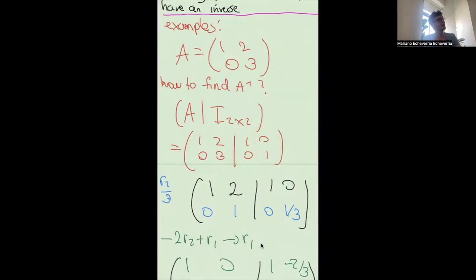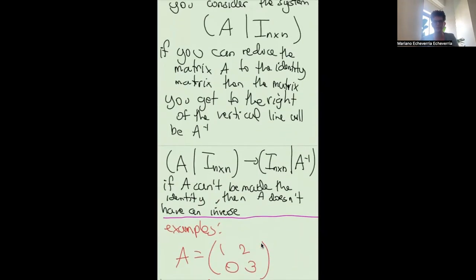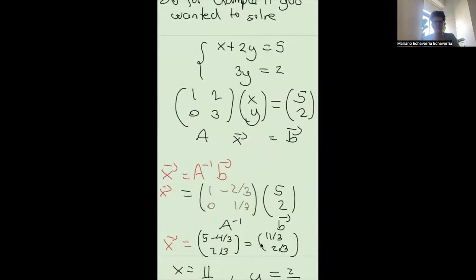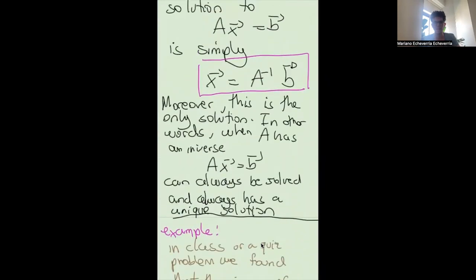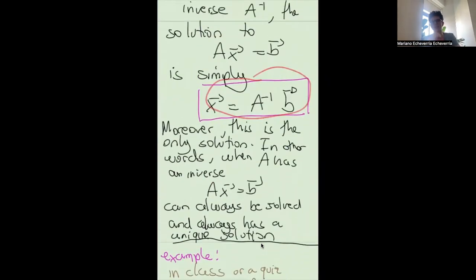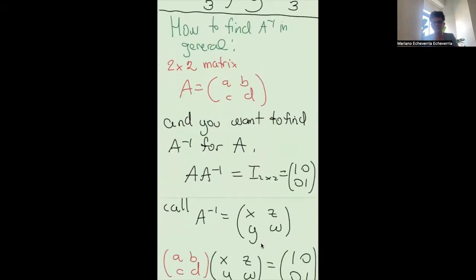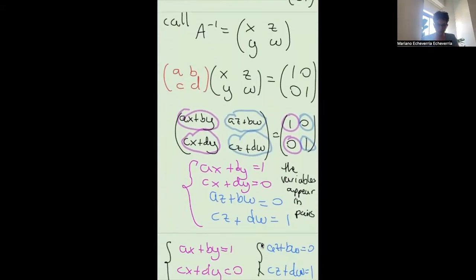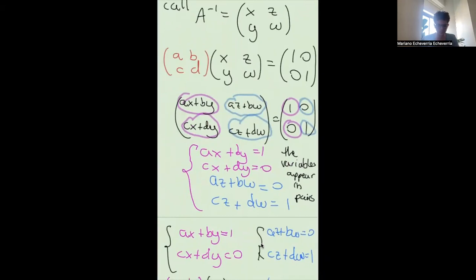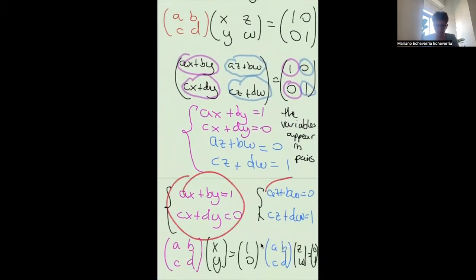So it's just that, but we don't think about it that way. We just think about it, oh, we're trying to find the inverse. Once you have the inverse, then you can solve every system of equations involving A using this formula, right? But secretly there are two systems of equations hidden in here, these two that I wrote before, but with very specific values for the system of equations.